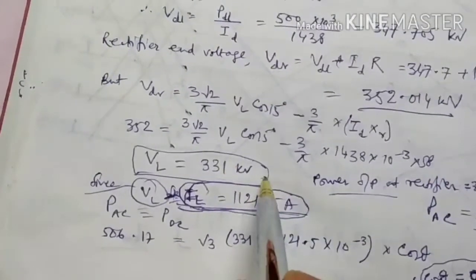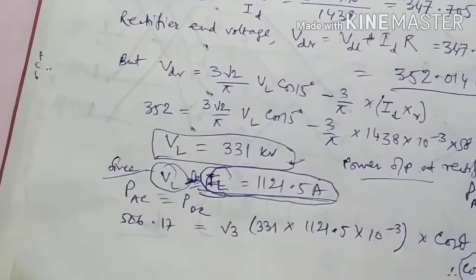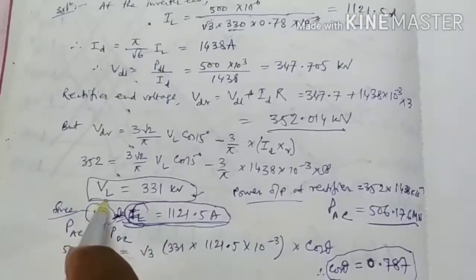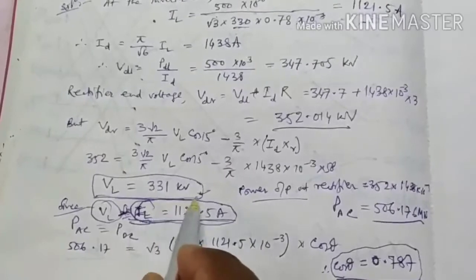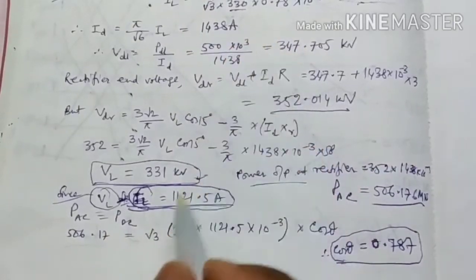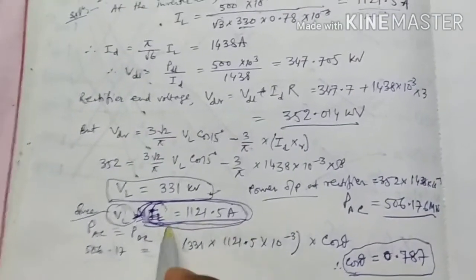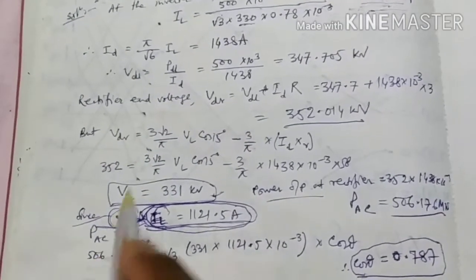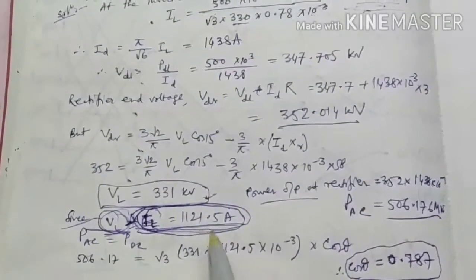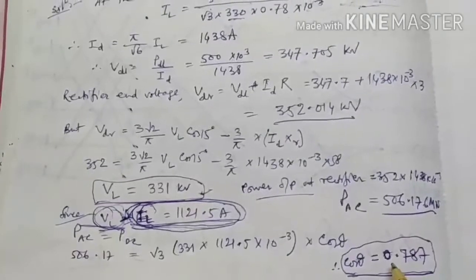So finally the AC line voltage VL is equal to 331 kV, and the current IL is almost the same at the inverter end and the rectifier end, that is 1121.5 ampere. Since the voltage level is almost the same, the current is almost the same, and the power factor is calculated as 0.787.